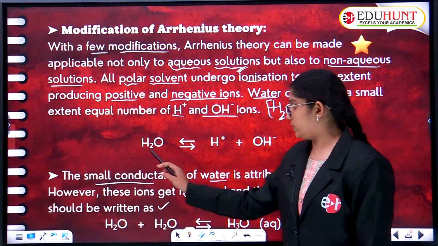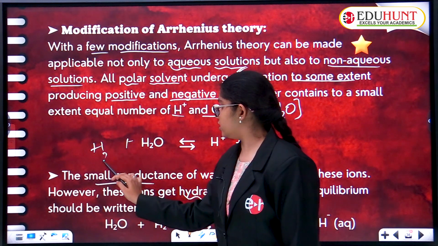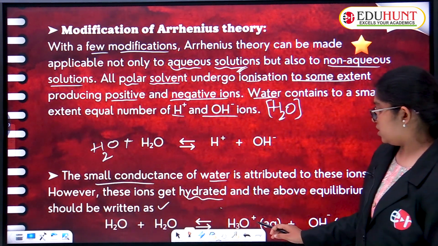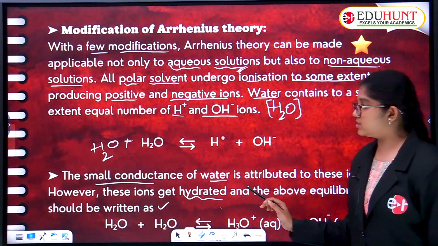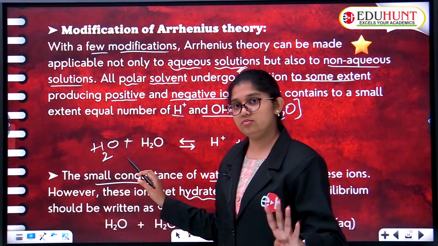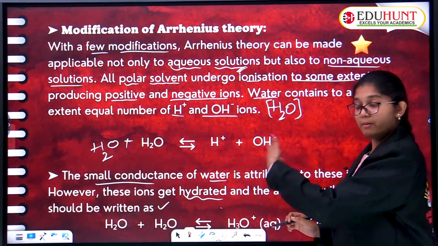For this equation, children, if they add one more molecule of water, what happens? It would give the same H plus and OH minus. No, because it has 4 hydrogens, 2 over here and 2 over there. How many oxygens? 2 oxygens. It won't balance over here.